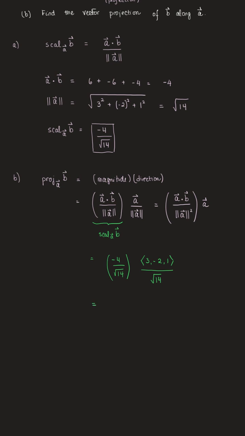So when we simplify this, we have negative 4 times 3, negative 2, 1, divided by the square root of 14 times itself, which is 14. We can write this as negative 2/7 times the vector 3, negative 2, 1. Or we can go ahead and distribute the negative 2/7 through the vector to get negative 6/7, 4/7, and negative 2/7. And that is our vector projection of b onto a.